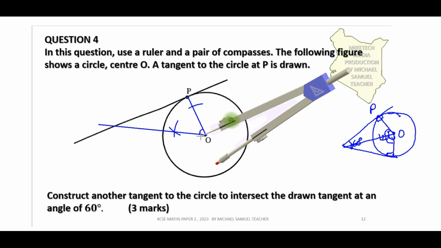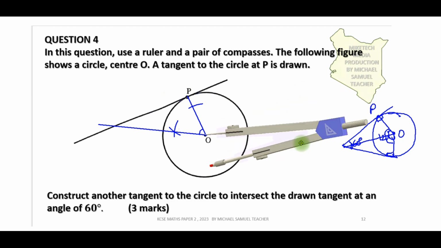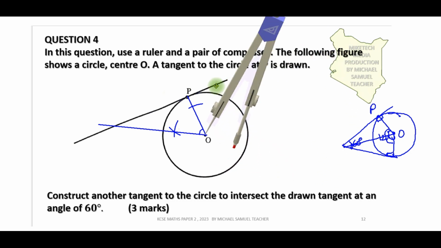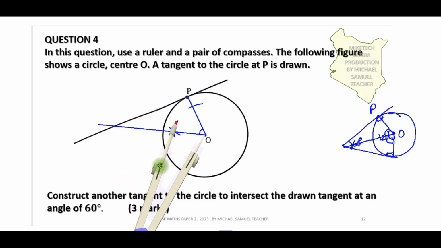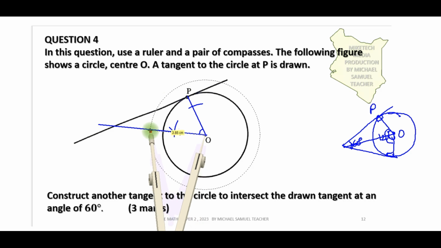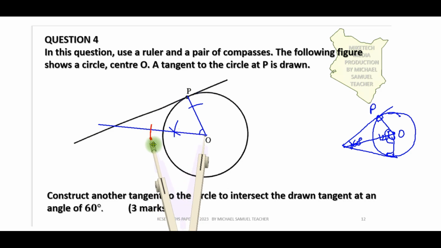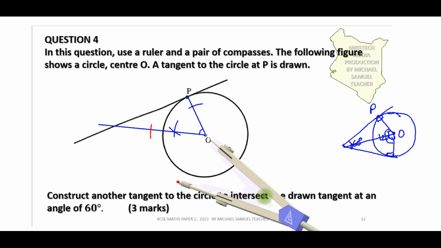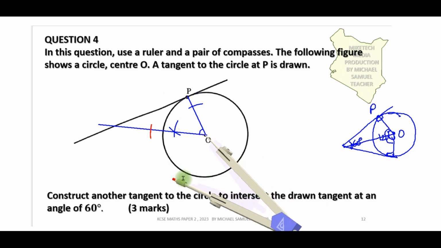So I use this as the center, and I adjust the compass, put an arc there, and also at this particular point.